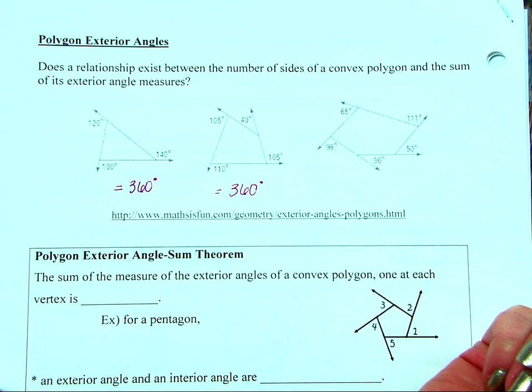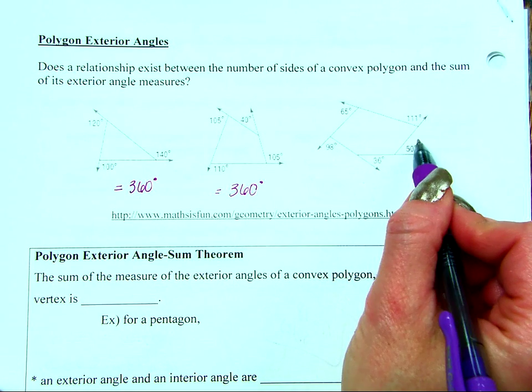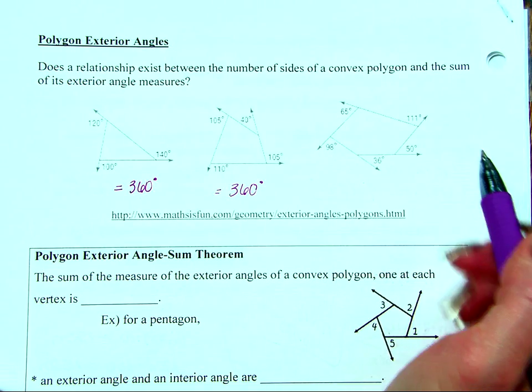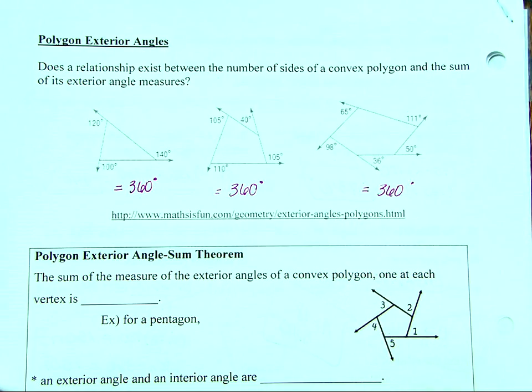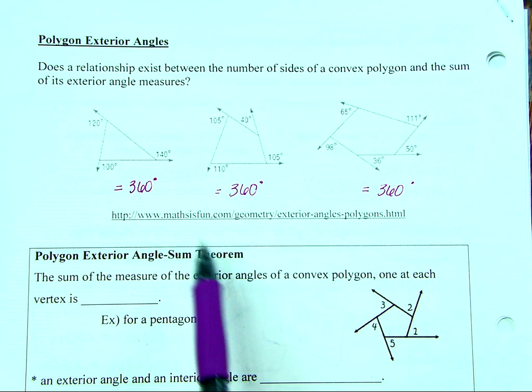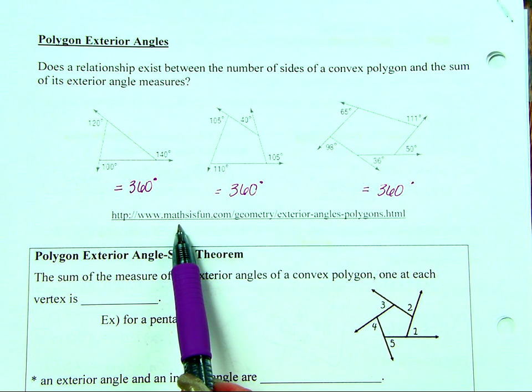In fact, when you add your exterior angles for your pentagon over here, you will find it equals 360 degrees. What is the relationship? Well, it actually doesn't matter how many sides your polygon has, your exterior angles will always equal 360 degrees. And I have a link here on the notes that you can check that out.